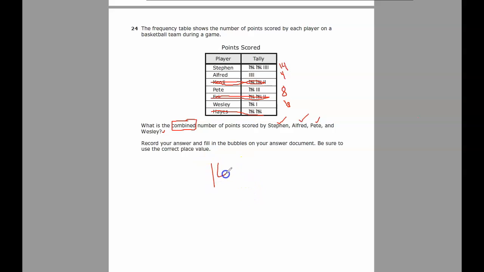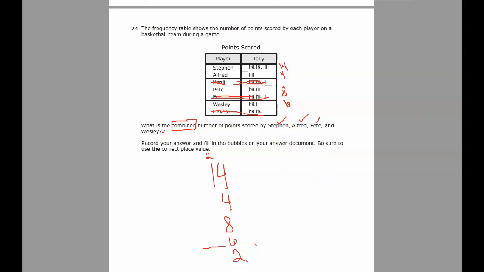So I have 14, 4, 8, and 6. Be careful to line up all your 1s together.